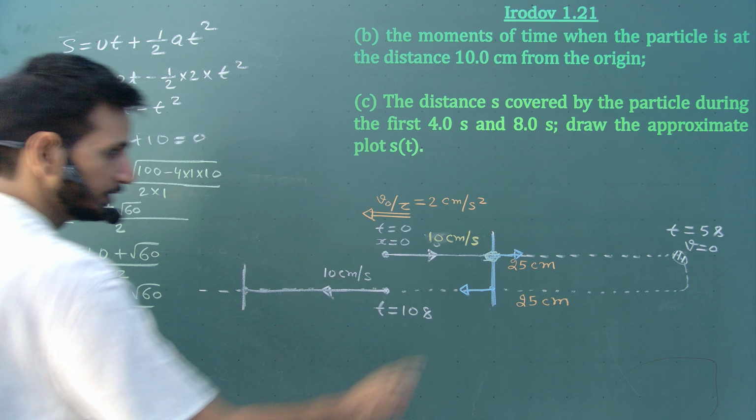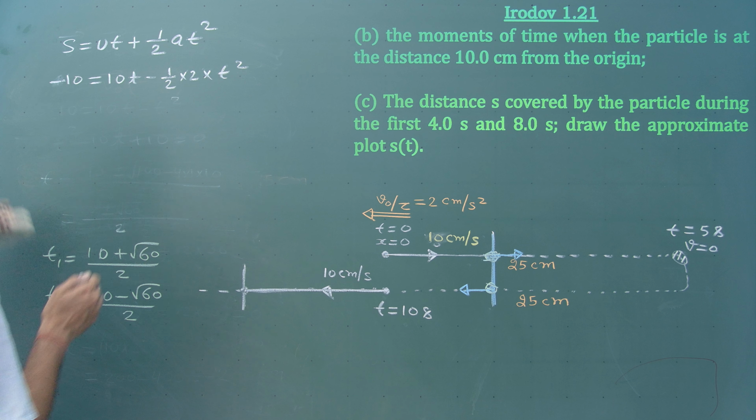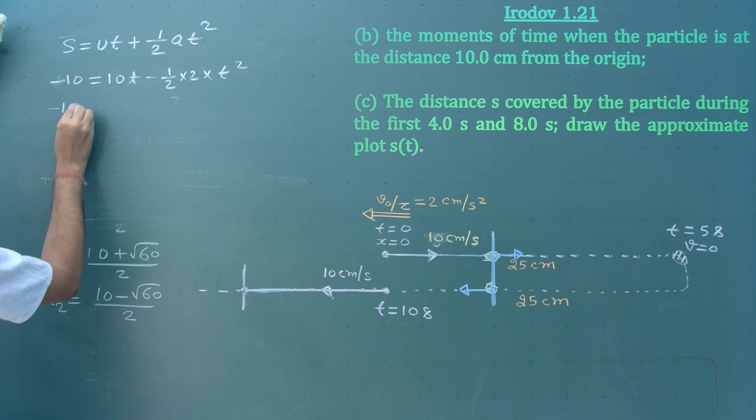So for the third time, I have to put minus 10 instead of plus 10. When the particle is at this position, this displacement is called minus 10. Okay. Now the equation is minus 10 equal to 10t minus t square.